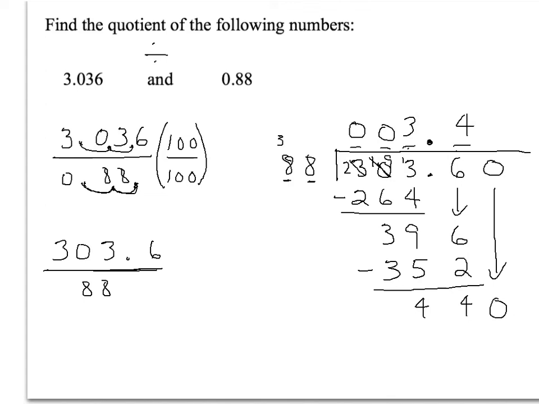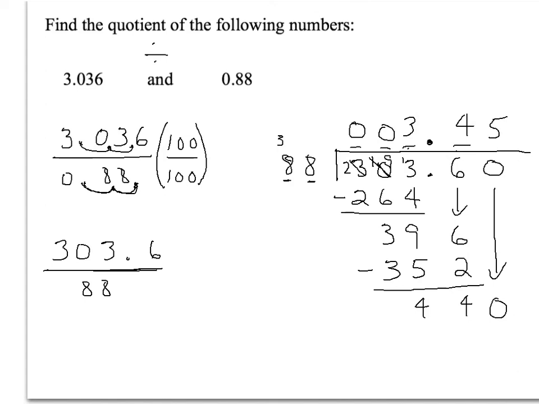And continue. Does 88 go into 440? Well, let me see, this is 88, that's close to 90. And 9 goes into 44 about 5 times. So let's try that.